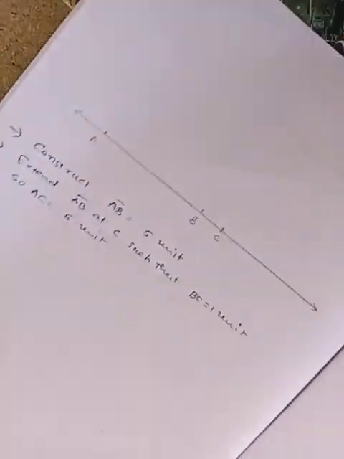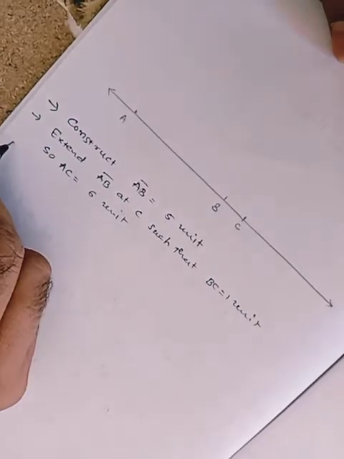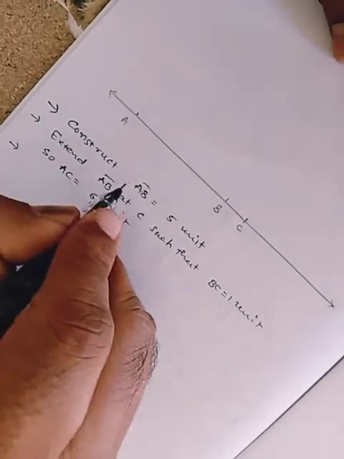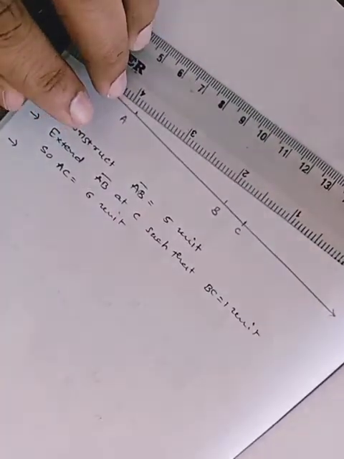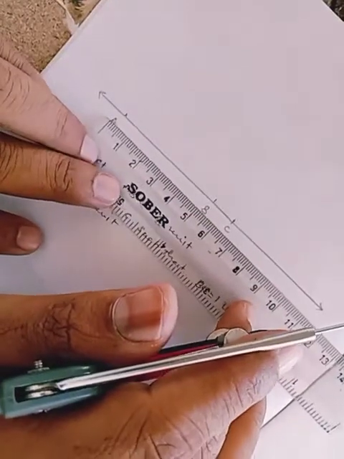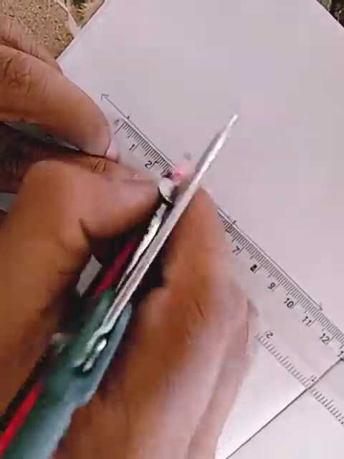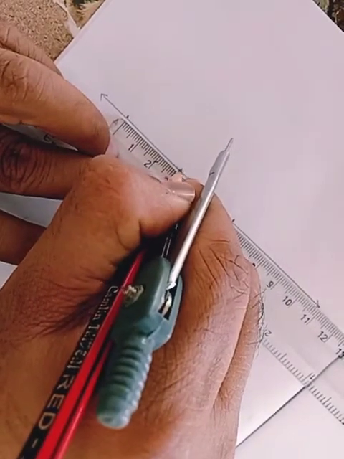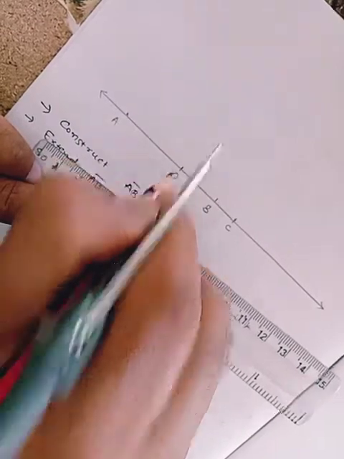Now here we can easily see that AC equals 6 units, so its half, the midpoint O, will be at 3 units distance. So without drawing the perpendicular bisector we can mark it directly at 3 centimeters distance. If we don't know, then we have to draw the perpendicular bisector, but here we know, so we can directly mark O at 3 centimeters.